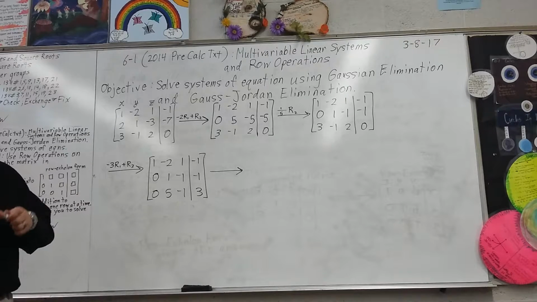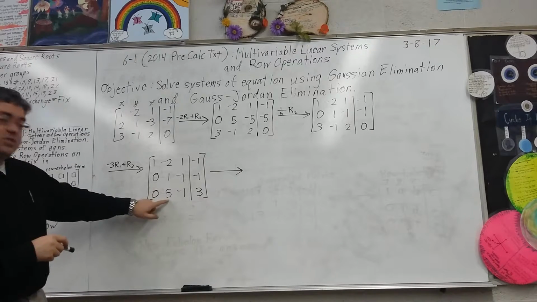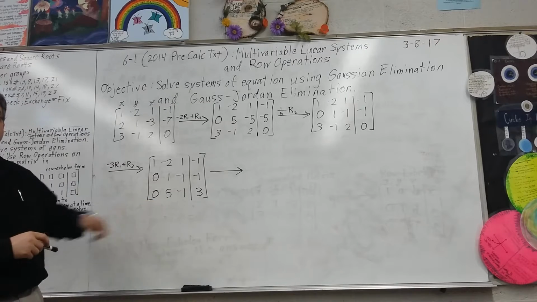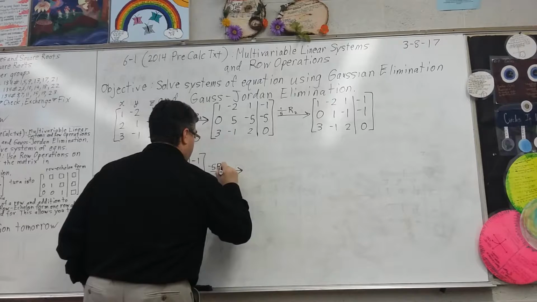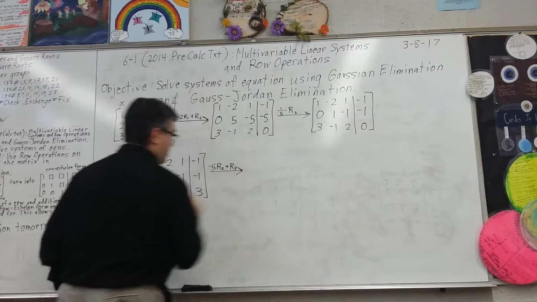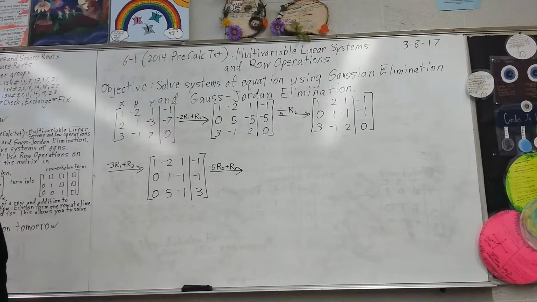What are we changing? We are changing this to a 0. -5 times row 2 plus row 3 will produce 0 right there.